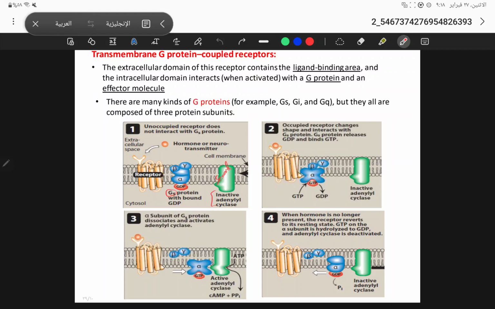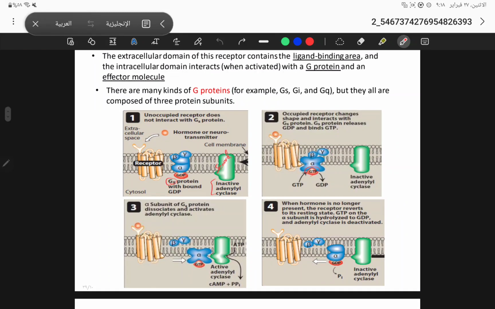Adenyl cyclase, like the G protein, is inactive by itself unless the receptors are activated. With drug receptor interaction, the G protein is activated: GDP, guanosine diphosphate, which is inactive, is converted to triphosphate, and the triphosphate is going to phosphorylate inactive adenyl cyclase, leading to active adenyl cyclase, which finally produces cyclic AMP, the second messenger or effector molecule.